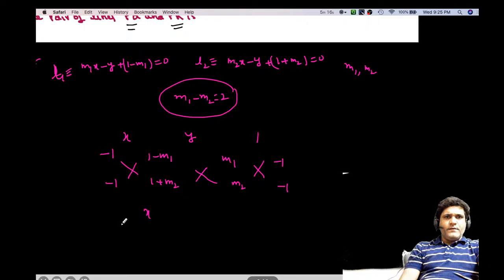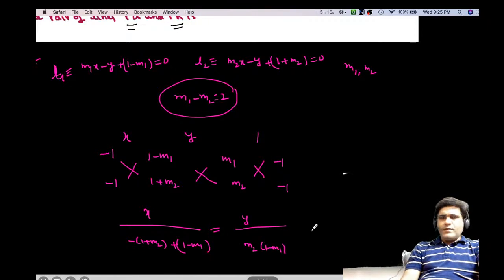That is, x by minus of (1 plus m2) minus of (minus plus 1 minus m1) is equal to y by m2 into (1 minus m1) minus m1 into (1 plus m2), which is equal to 1 by minus m1 plus m2.